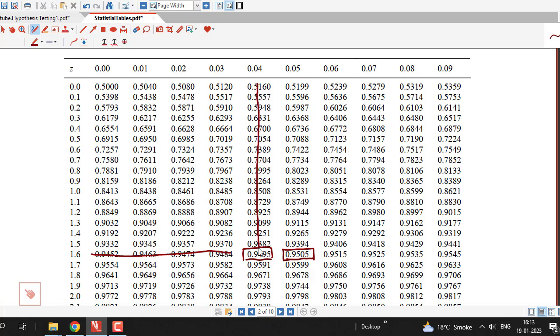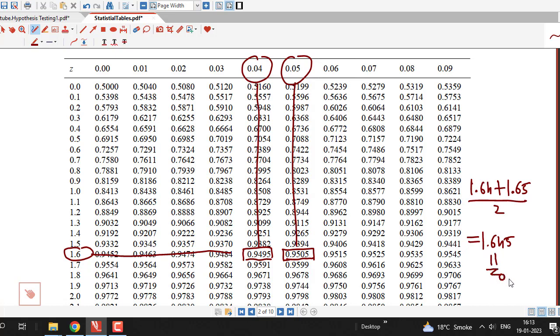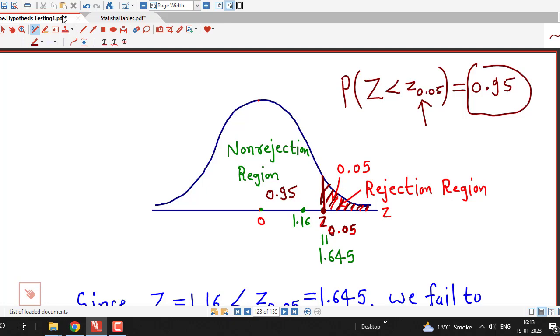The Z value corresponding to 0.9495 is 1.6 plus 0.04, that is 1.64, and the Z value corresponding to the other area is 1.6 plus 0.05, that is 1.65, and we take the average of these two, and this is our critical value Z suffix 0.05.